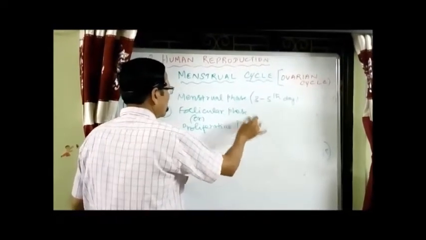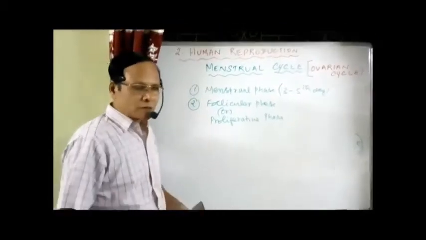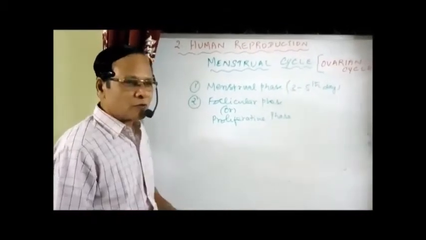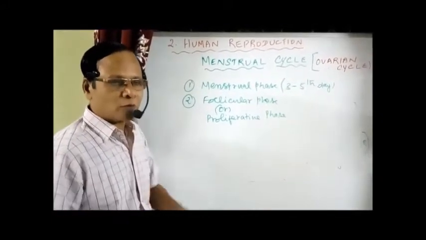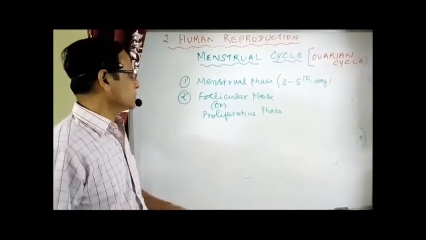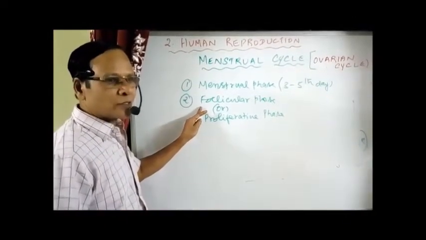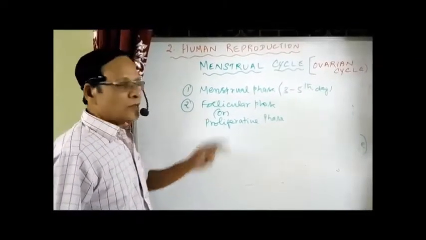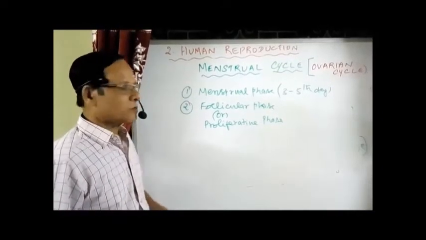Because 2 events are happening. One, the formation and maturation of the follicles. The second, the proliferation, or regeneration, of the uterine endometrium, which was lost in the previous cycle. So there are changes in the follicle, the development of the follicle and formation of the mature follicle, as well as proliferation in the uterine endometrium to replace the worn-out cells.